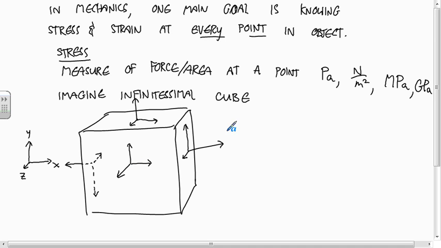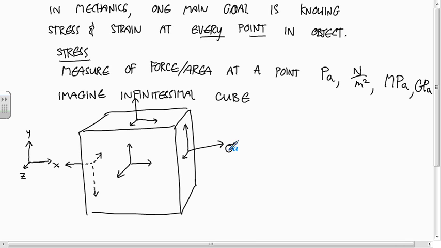Okay, so as a naming convention for these, we're going to choose two subscripts for each one of these components. The first subscript is going to represent the face that it's acting on, and the second subscript is going to represent the direction that it's pointing in. So this one, what face is that acting on?